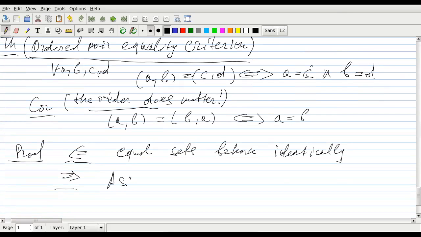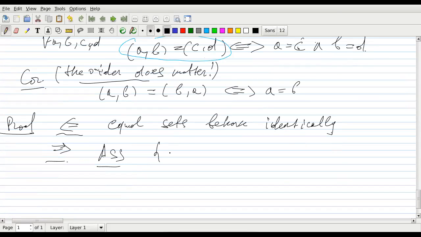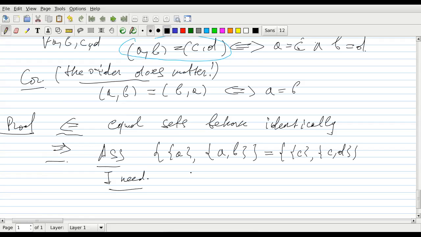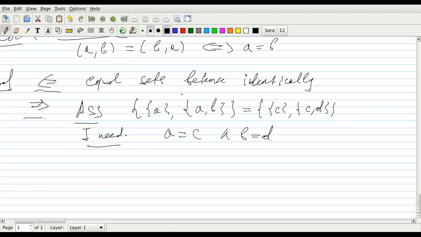And now assume that these two sets are indeed equal. What does it mean? That means that this set AB equals this one, CD. I need A being equal to C and B being equal to D. It is quite clear.